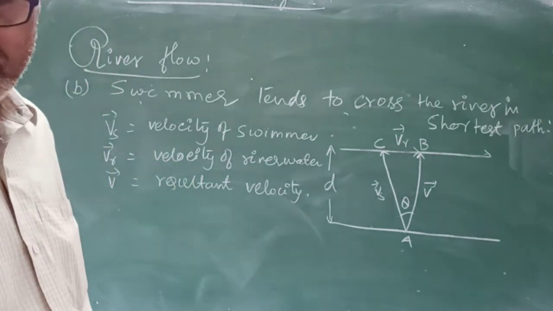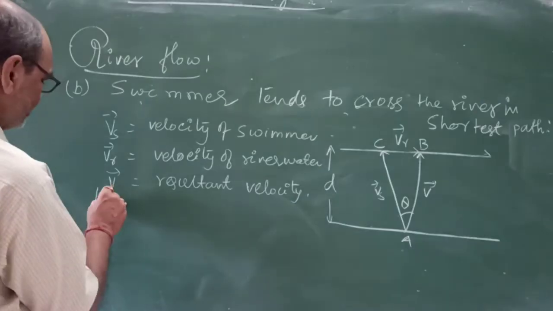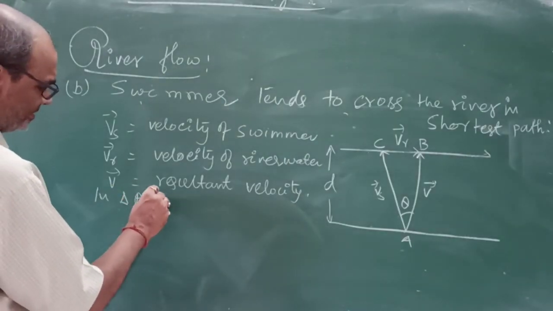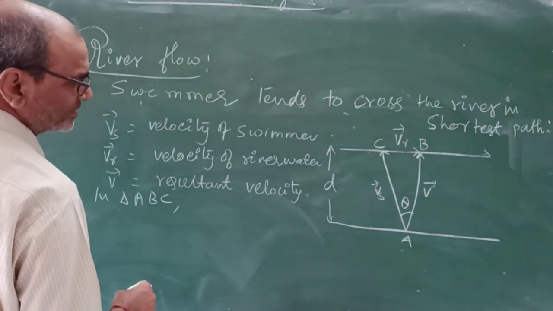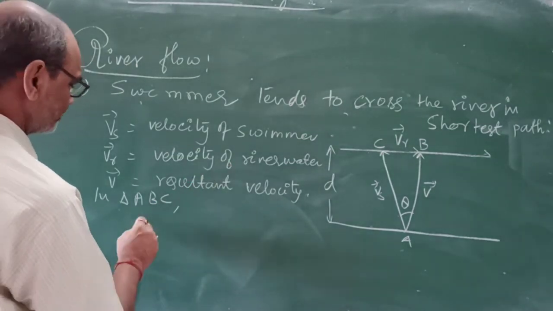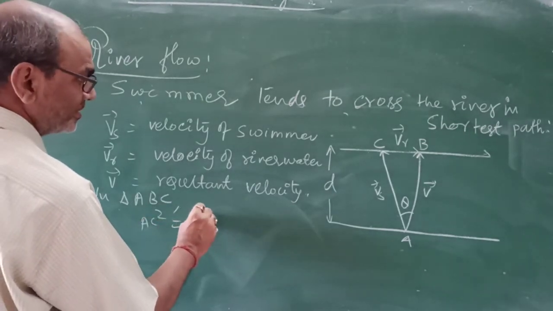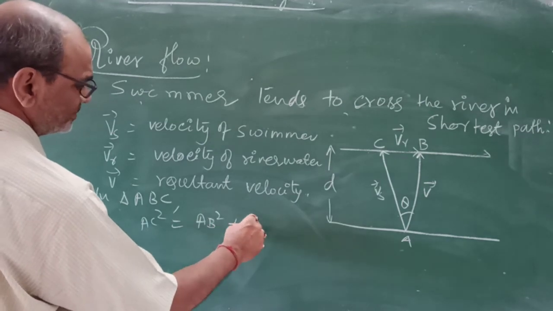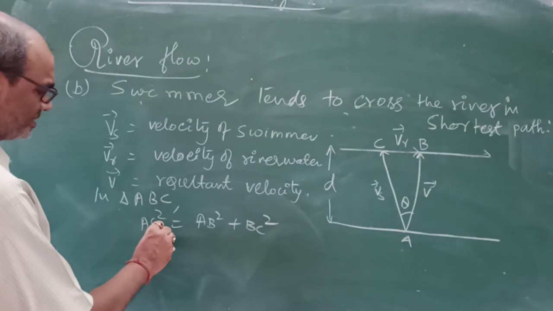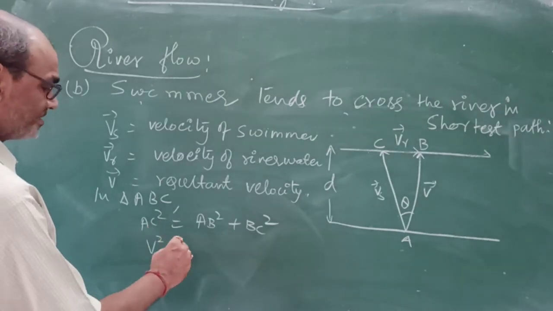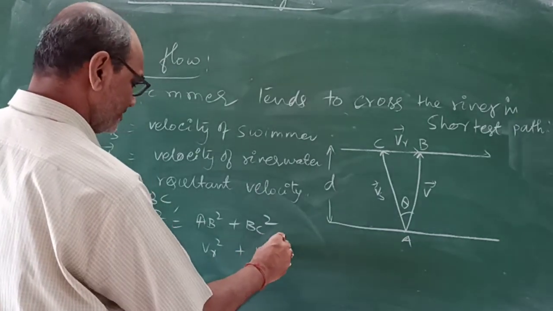In triangle ABC, a right angle triangle, perpendicular square plus base square is equal to hypotenuse square. Therefore AC square is equal to AB square plus BC square. Therefore Vs square is equal to V square plus Vr square.